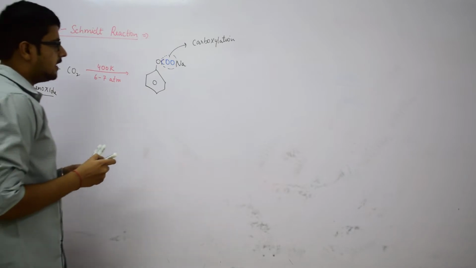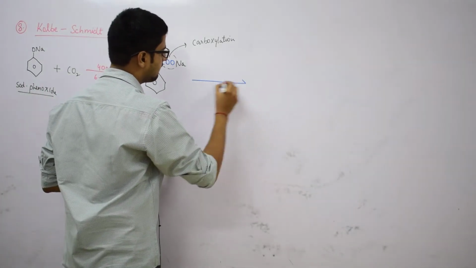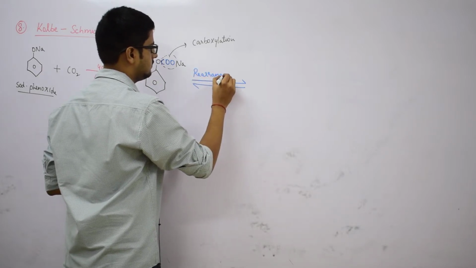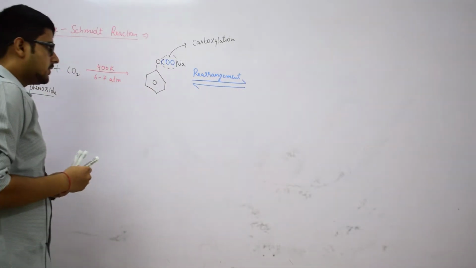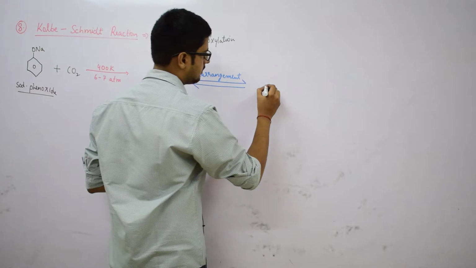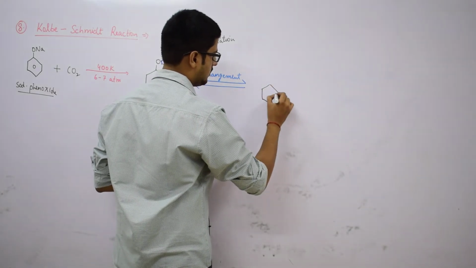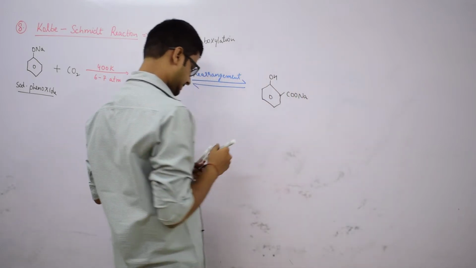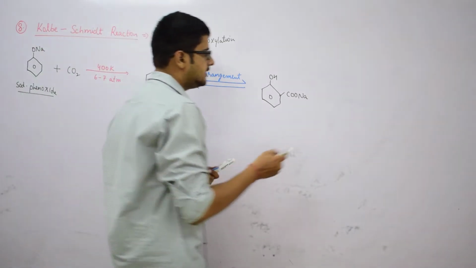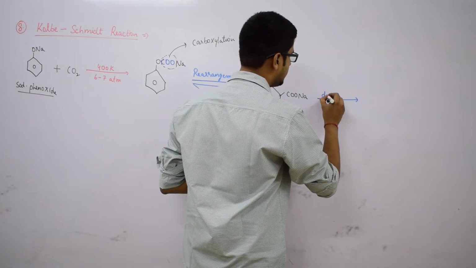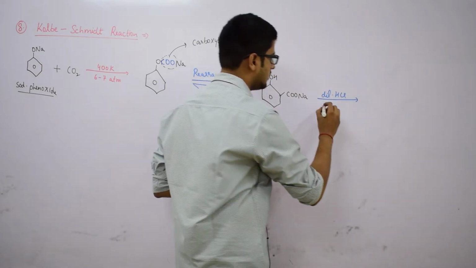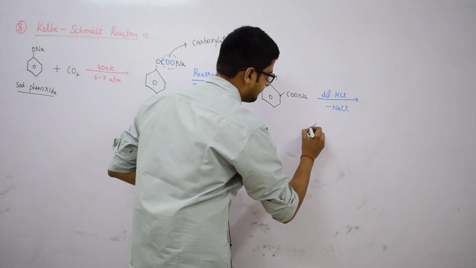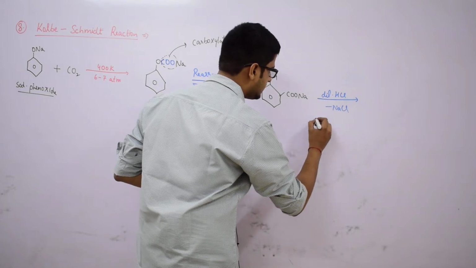and after that it undergoes a rearrangement to form, here it will be OH and here it will be COONa, and after that when it is treated with dilute HCl, then NaCl would be eliminated and finally leads to the formation of salicylic acid.